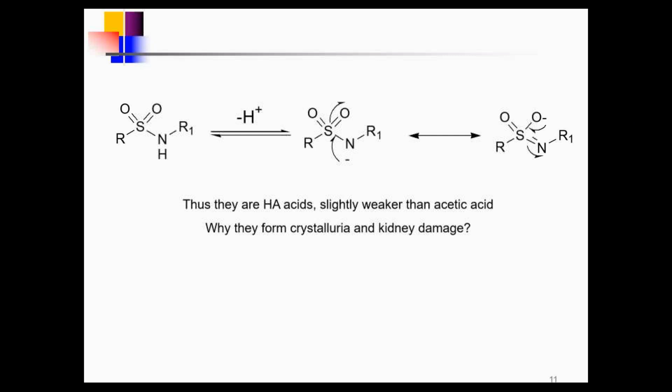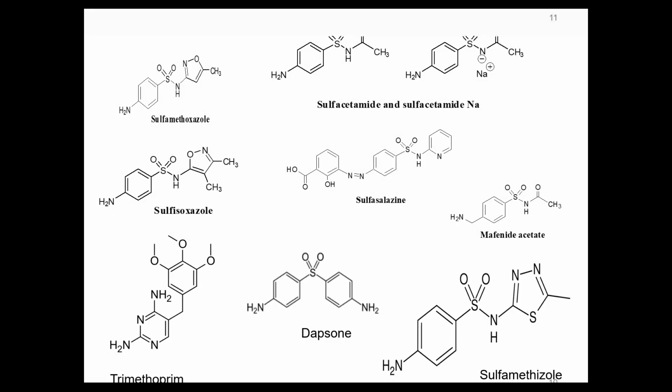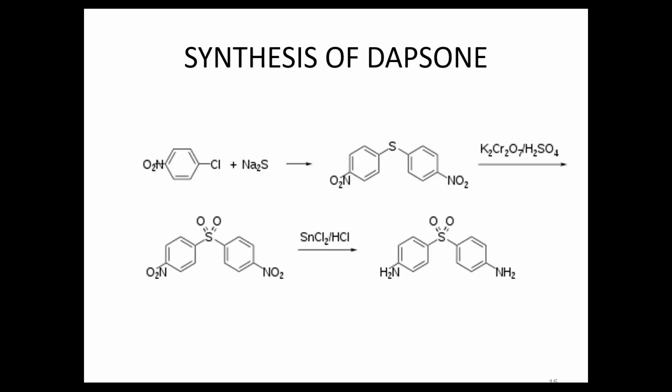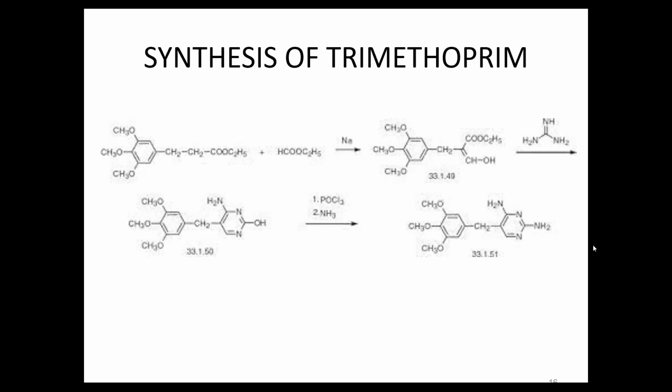We have already seen the mechanism of action. We now come to the synthesis part of various sulfanilamide drugs. What you see on your screen now is the synthesis of dapsone, followed by the synthesis of trimethoprim, which is synthesized from 3,4,5-trimethoprim benzaldehyde.